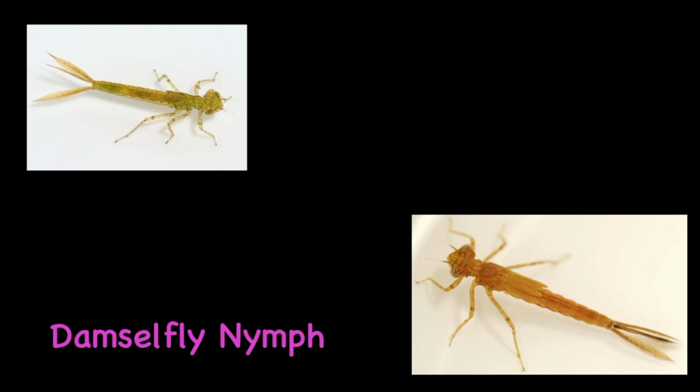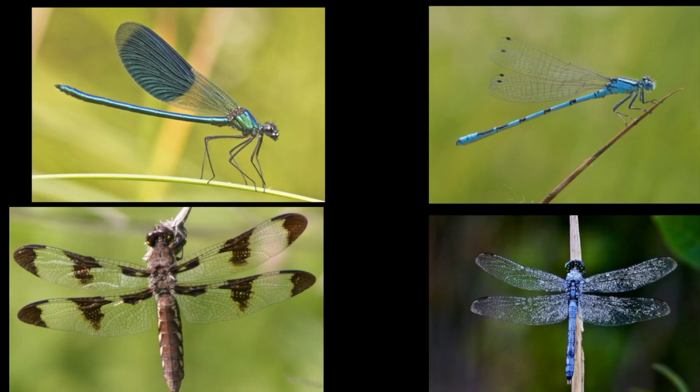Now the question is, what do they look like as an adult? Most people mistake damselflies and dragonflies to be the same, but they are not. Let me show you. So dragonflies are these, but most of us have seen damselflies and identify them as dragonflies. So how do you tell the difference? Often, but not always, our dragonflies are a little bit thicker than our damselflies that are a little bit thinner like this.